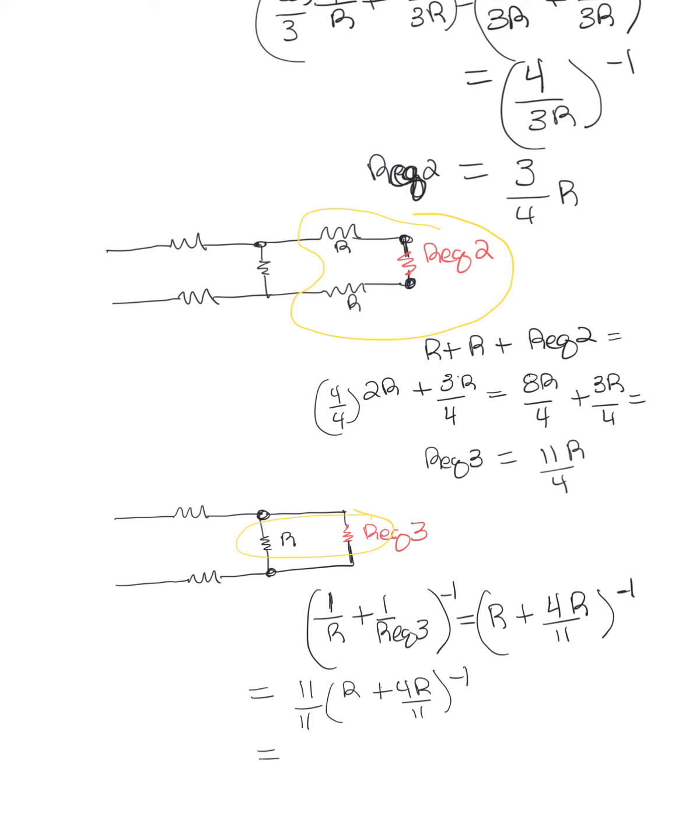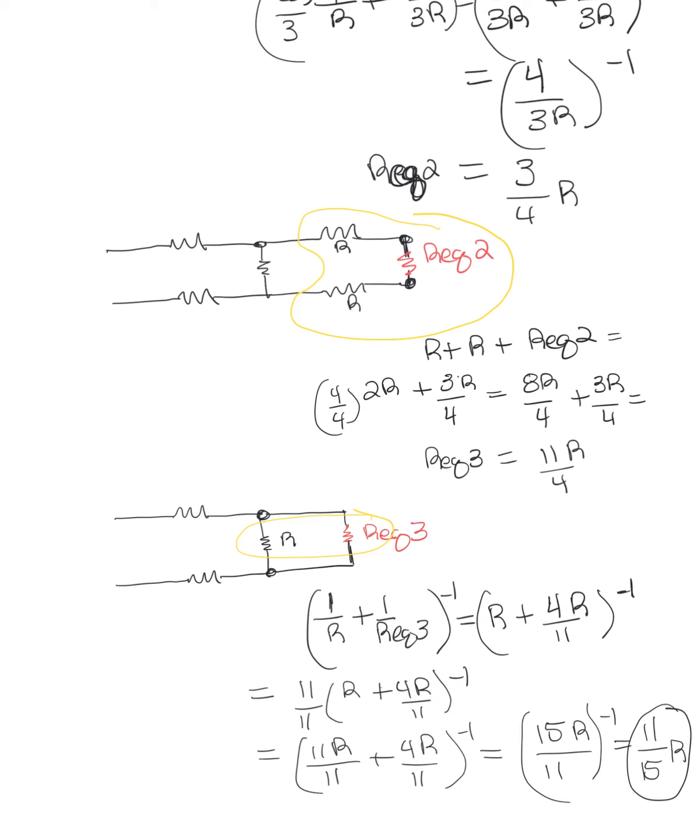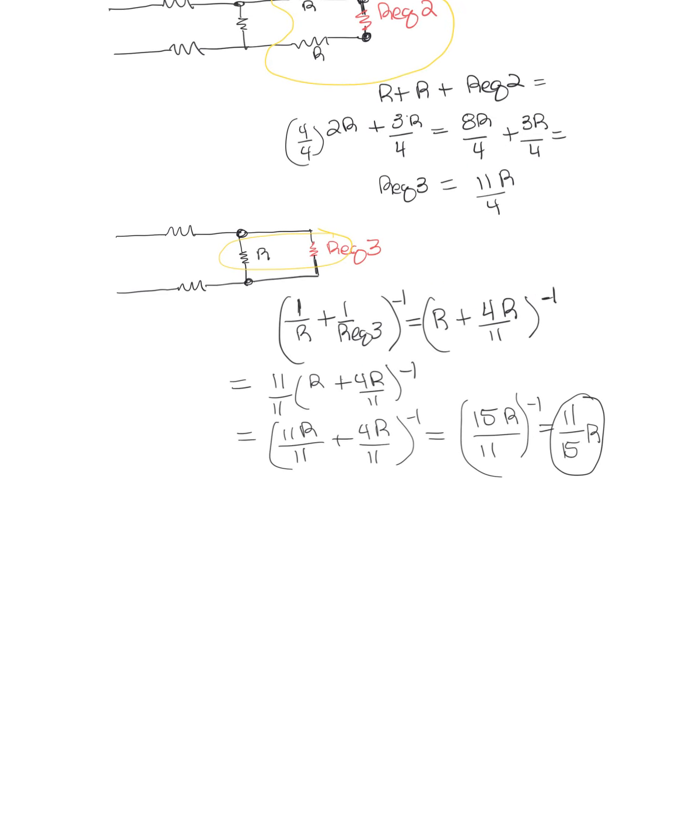Which is going to equal 11R over 11 plus 4R over 11. We have to take the reciprocal. That's going to give us 15R over 11, which equals 11 over 15R. And this is our equivalent resistance 4.